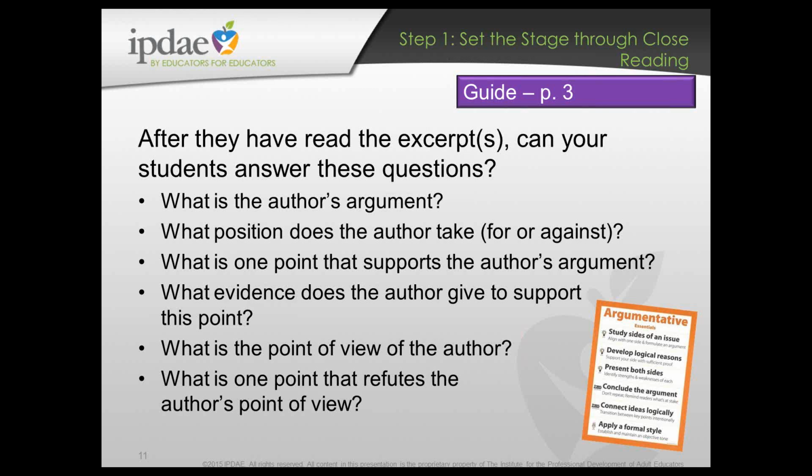Because we know sometimes that they may have a couple excerpts to read. And if they don't have a couple, we know that they will at least have two sides to an argument in one article. Do they know or can they identify one point, one piece of evidence that supports the author's argument? And what is that evidence the author gives? We also want to make sure that we know, or our students know, what the point of view of the author is, and one point that refutes the author's point of view.